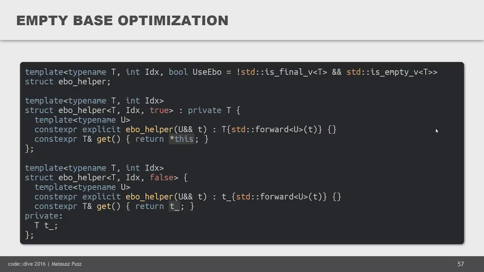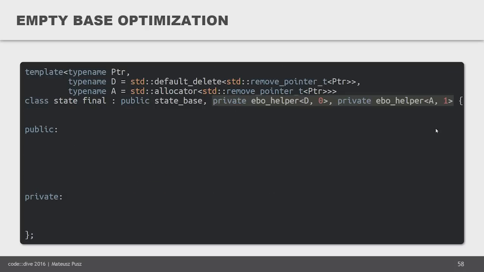So this is a pretty simple helper tool for us. To use it, we inherit privately using this EBO helper for the deleter and for the allocator.